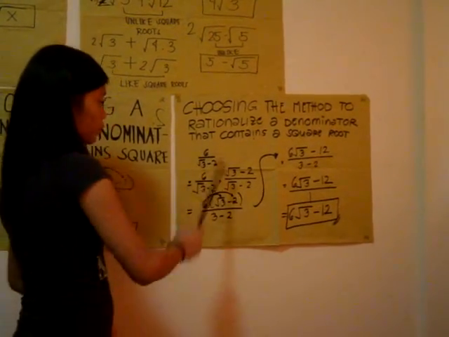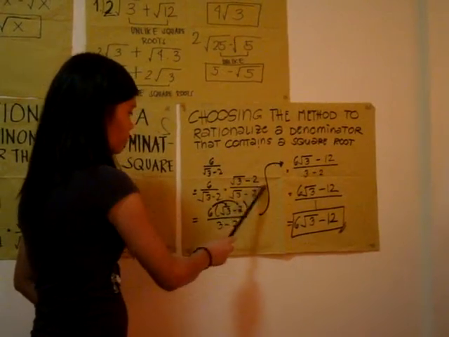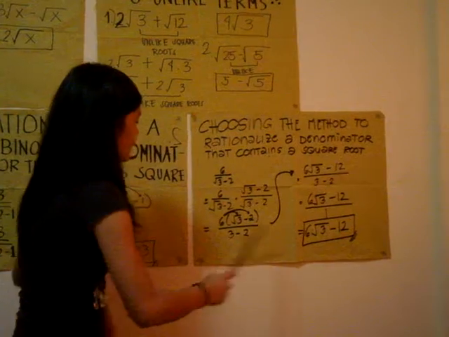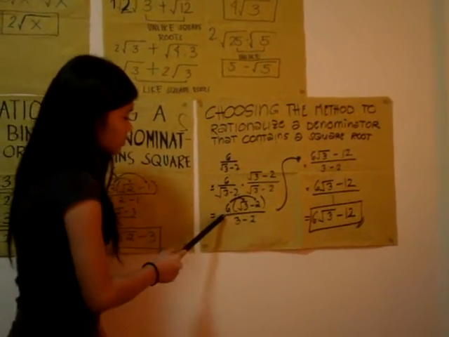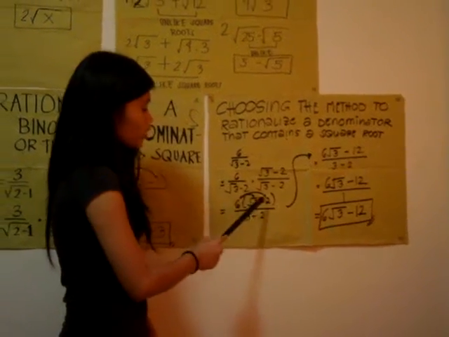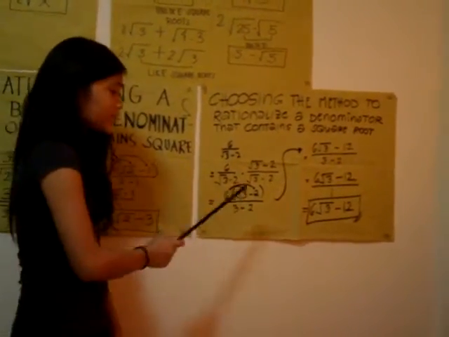So we need to multiply by the denominator over itself: square root of 3 minus 2 over square root of 3 minus 2. Now the result is 6 times square root of 3 minus 2 over 3 minus 2. So it can be divided already since it is a rational number.